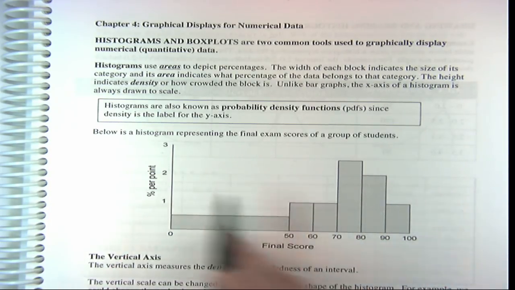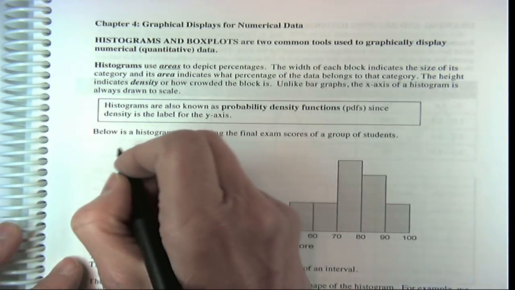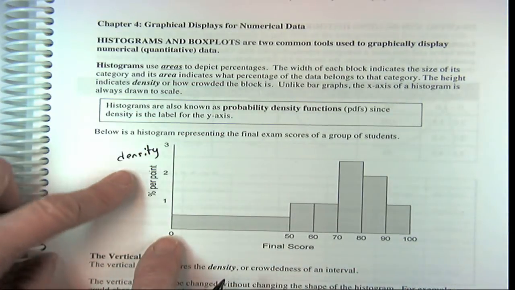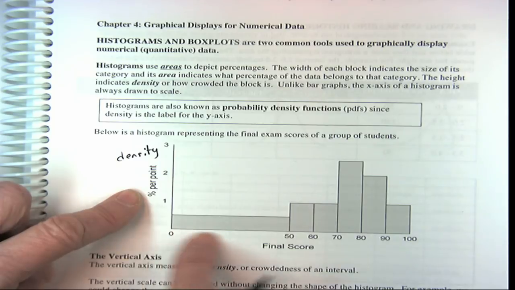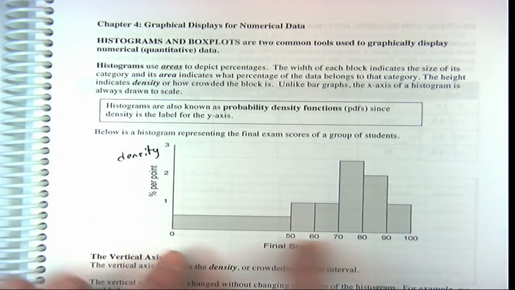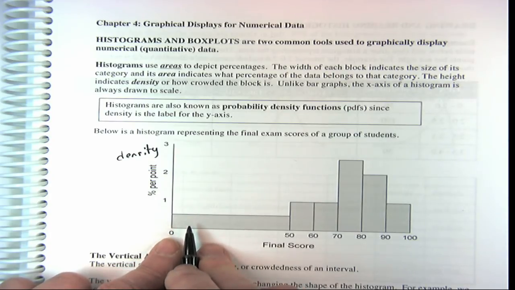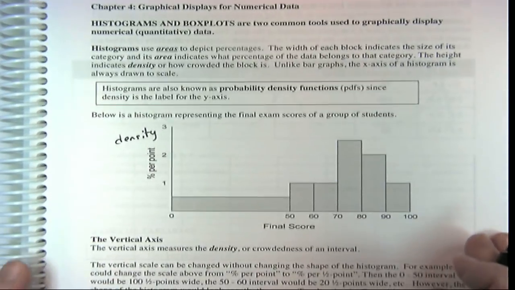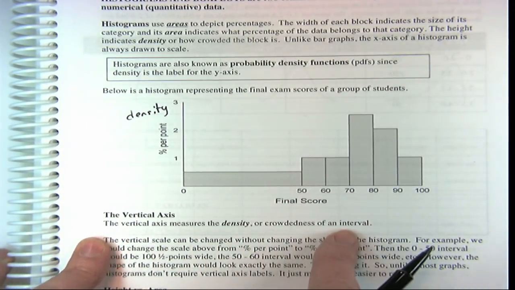This axis here is density. Let's write that down. And what is density? In this case, I have it written as percent per point. It's how crowded each point is. The vertical axis measures the density, the crowdedness of each interval.